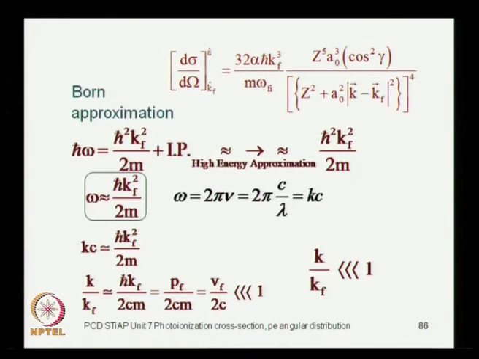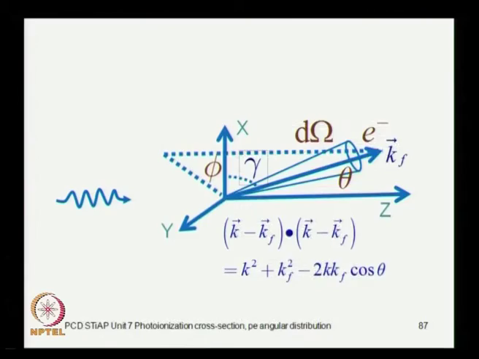This is when the Born approximation holds for high energy processes, and the other quantity that we need is the square of the modulus of k minus kf. So, that we will get by taking the scalar product of these quantities, and you need again the cosine of the angle theta.